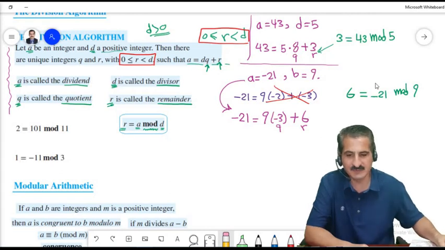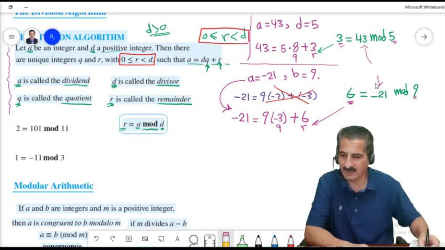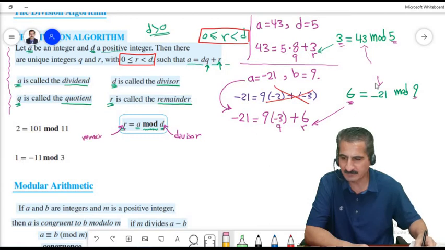So this is always the remainder R. This is always the divisor, and this is the dividend. So I may go back here and say D here is the divisor, R here is the remainder, and A here is the dividend. This is to emphasize this setup.